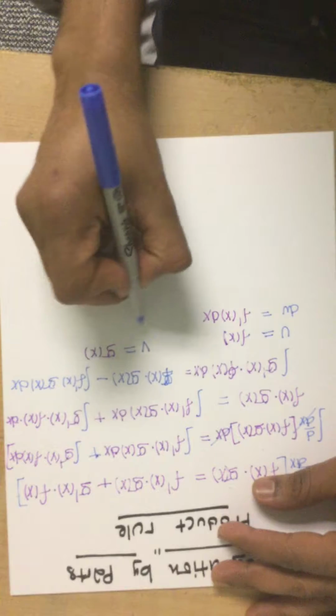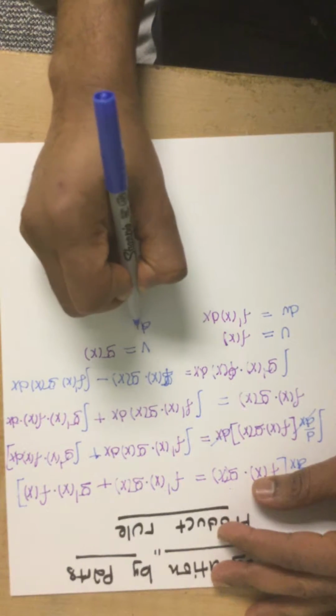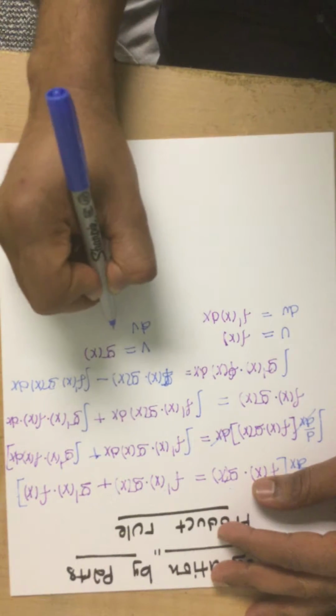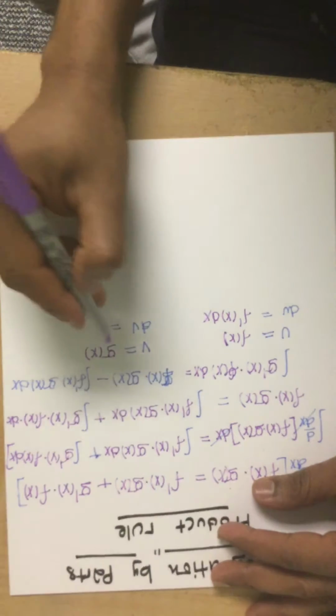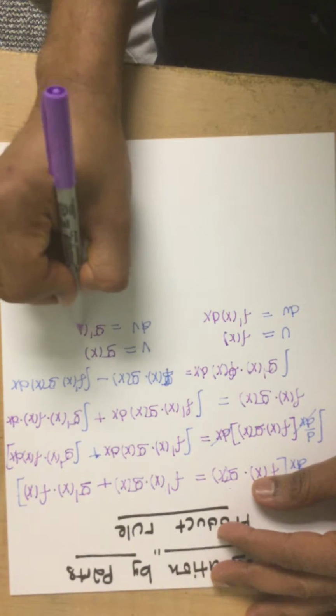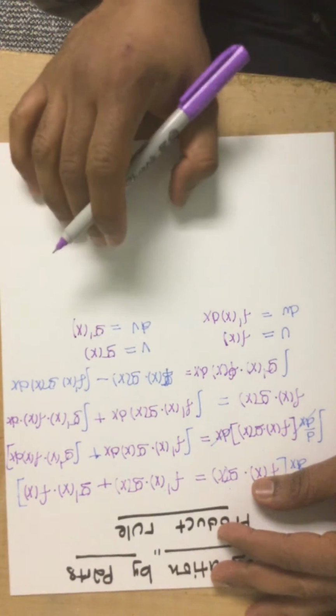The same thing for v, we will get dv, which is equal to g prime of x dx.